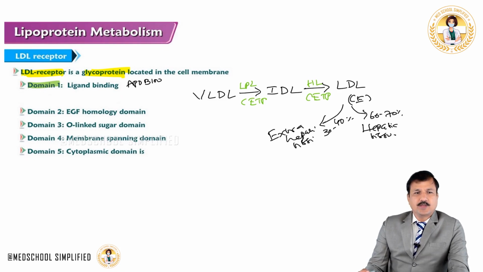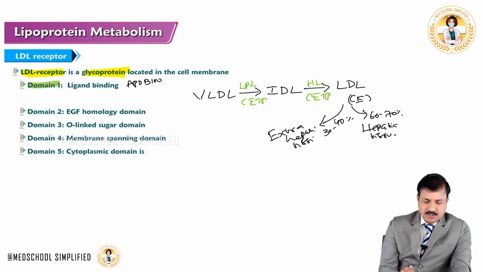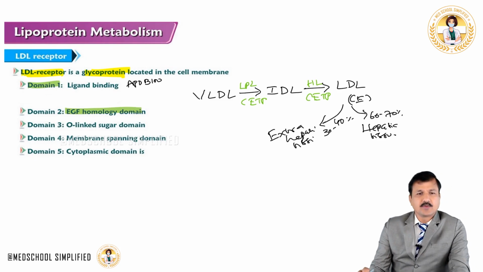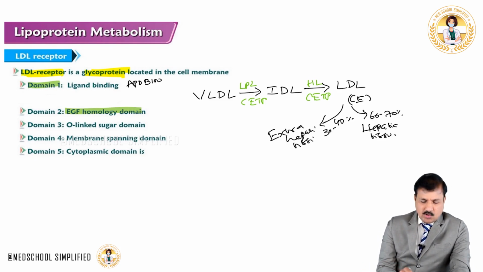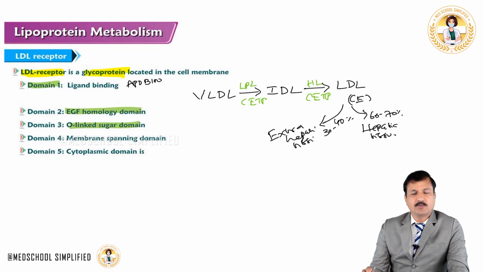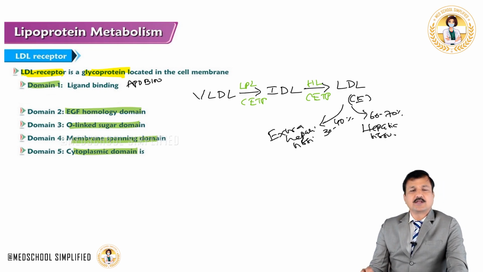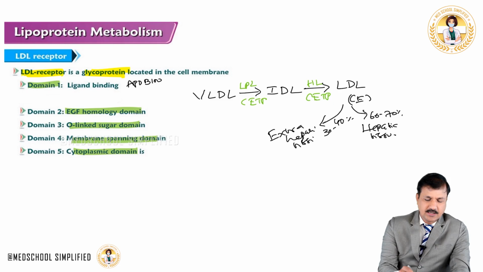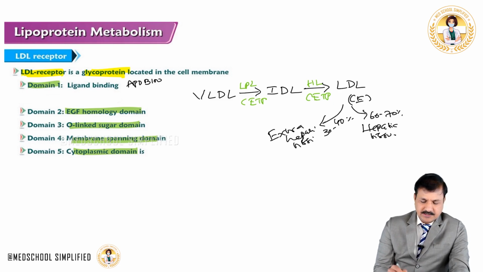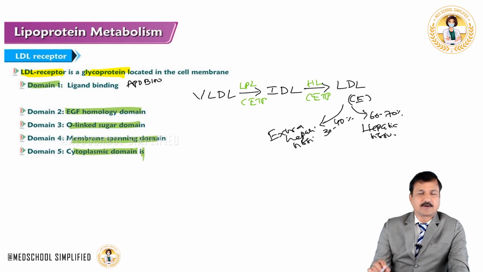Domain number 2 is the EGF precursor homology domain, and domain number 3 is the O-linked sugar domain. Domain number 4 is the membrane spanning domain, and domain number 5 is the cytoplasmic domain. So these are the 5 domains present in the LDL receptor.